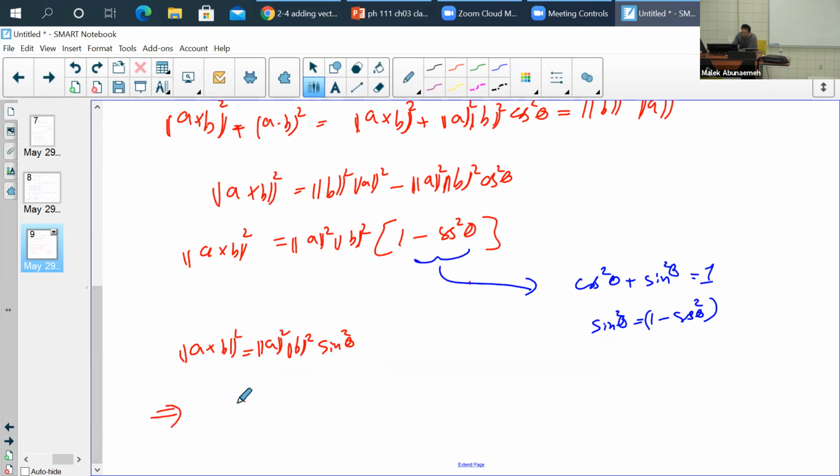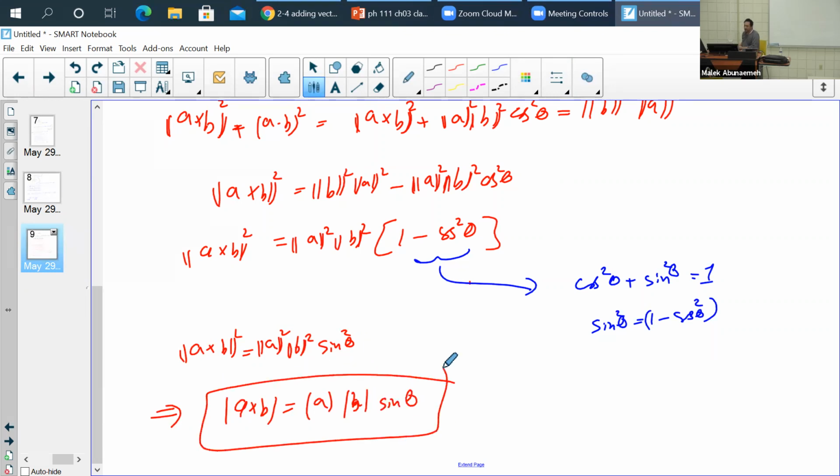So A cross B equals the magnitude of A times the magnitude of B times sine theta. So the cross product equals the magnitude of the first one times the magnitude of the second one multiplied by the sine of the angle between them. And that should conclude chapter 3 for Physics 111.